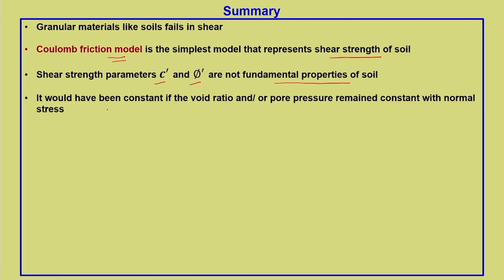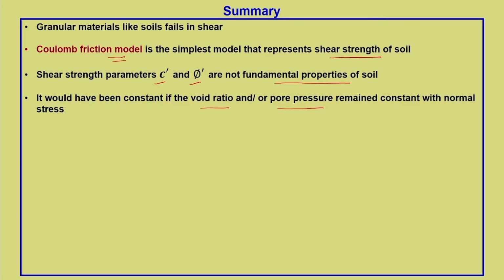It could have been a fundamental property if the void ratio and or pore pressure remained constant with normal stress. Now, this is a difficult proposition to make in soils. Either the void ratio, because in drained condition there will be volume change, and when there is volume change, there is change in void ratio.